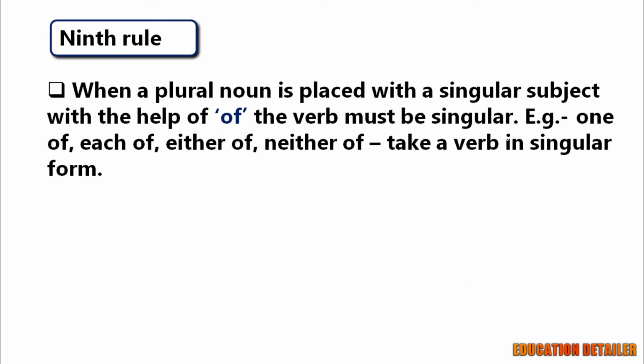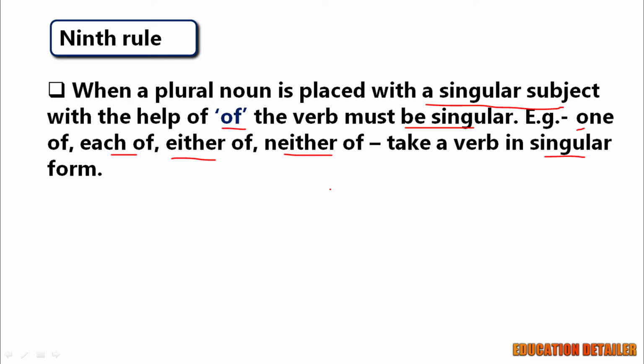Ninth rule. When a plural noun is placed after a singular subject with the help of of, the verb must be singular, like one of, each of, either of, neither of. Take a verb in singular form. Remember that.